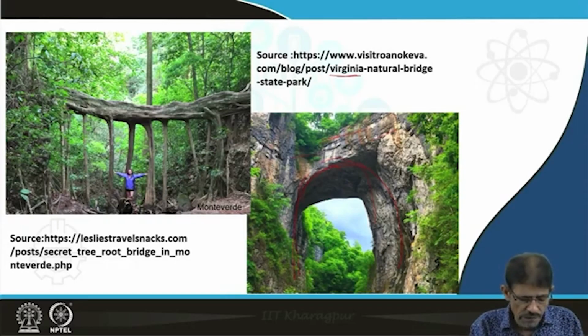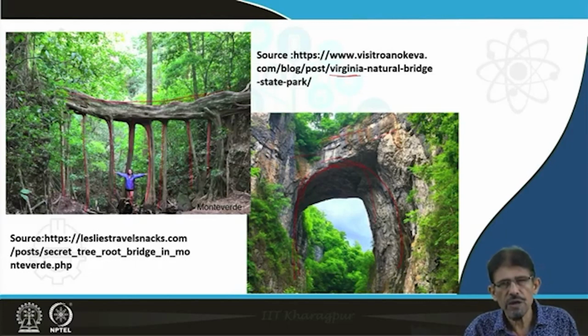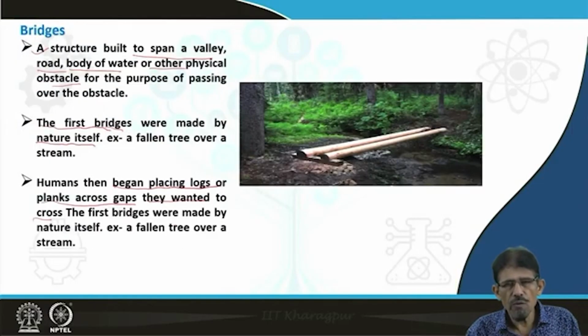Naturally, this fallen branch of a tree having some support, and this type of arrangement, provides for the movement of people, forest animals and others from one point to another point. So this is a good example. If we look at bridges and different types of bridges, then we can say that they may be fixed or they may be mobile.